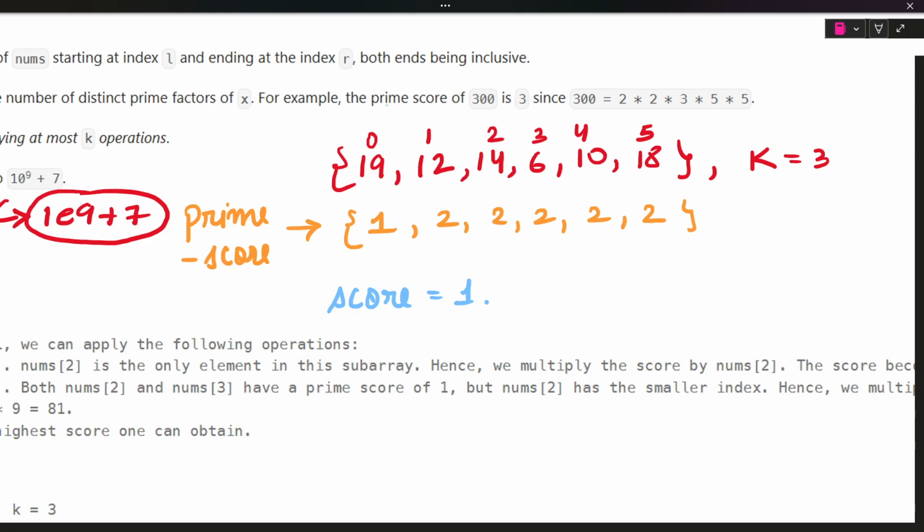To maximize a score, we should be taking the maximum element. Let's take it. Which is the maximum? 19. So the score becomes 1 into 19, which is 19.